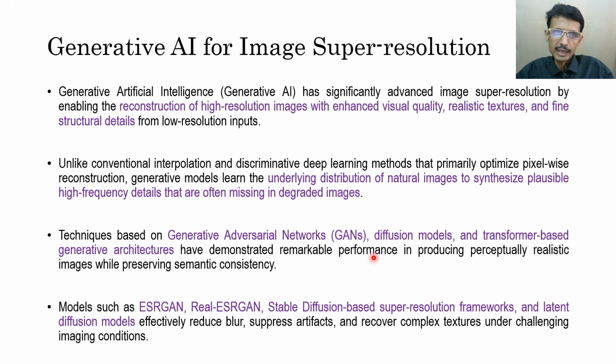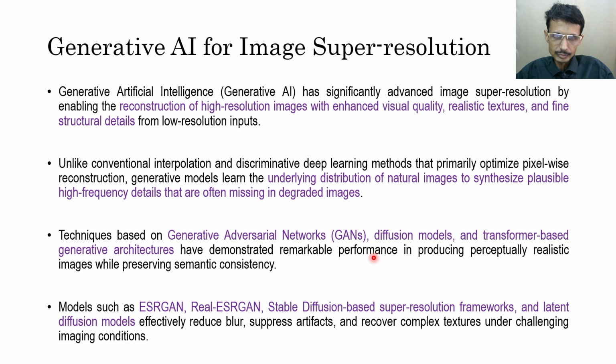Now how does generative AI help? Generative AI has significantly advanced super resolution by enabling reconstruction of high resolution images with enhanced visual quality, realistic texture, and fine structural details from low resolution images.